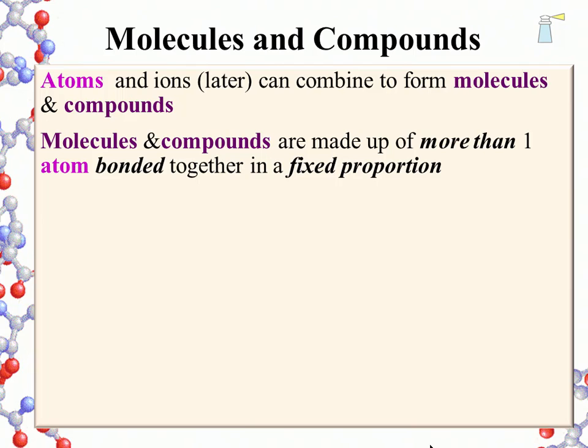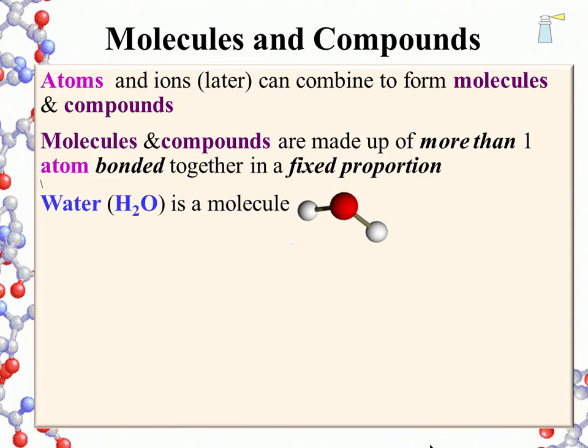That is, each type of molecule has the same kind and number of atoms. The most familiar example of a molecule is water, and its equally familiar formula H2O. It is comprised of one oxygen atom, colored red here, and two hydrogen atoms, colored white here. Water always comes in the proportion of 2 to 1, hydrogens to oxygen.